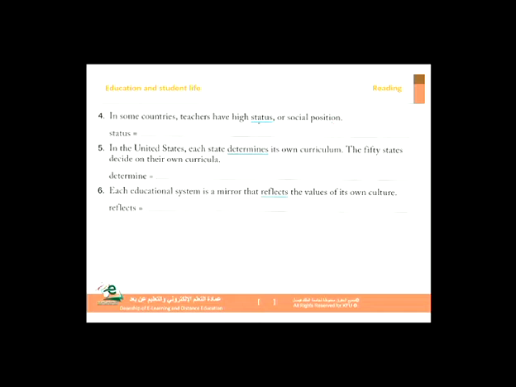We have status followed by an expression between 2 commas or after a comma. We have a comma here. All right, and we have or. So that tells us that social position means status. All right, so status or social position.